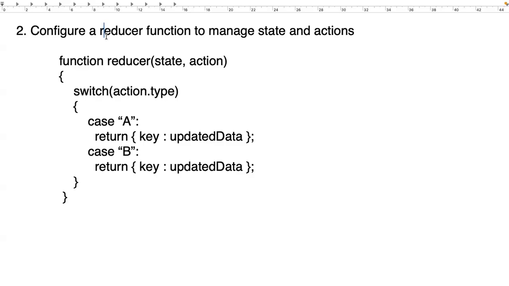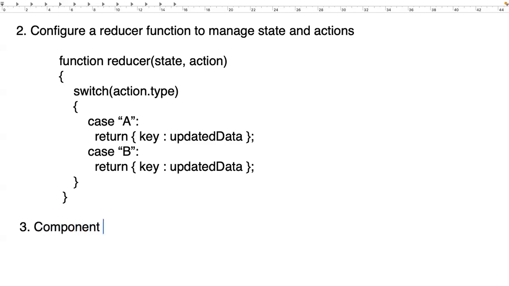State is for collecting and updating the data. Action indicates when it needs to be updated. So on which action, what to be updated, we can have multiple actions or one action. So this is the configuration. Now, how does a component use it?